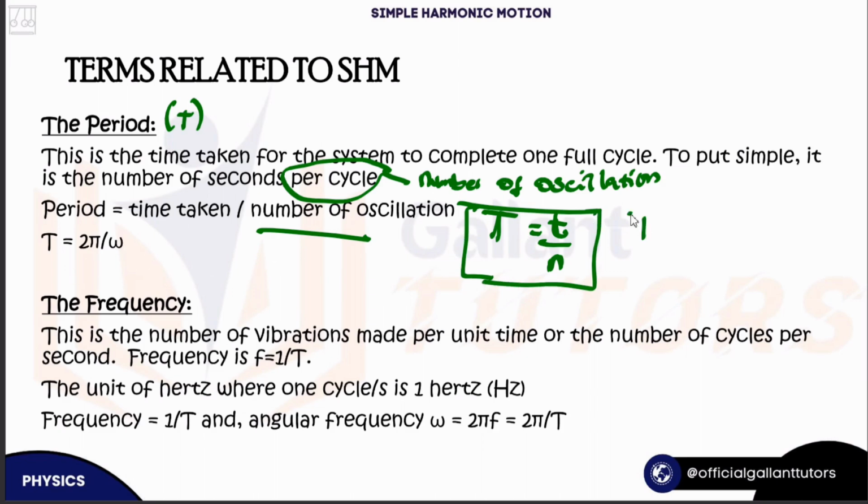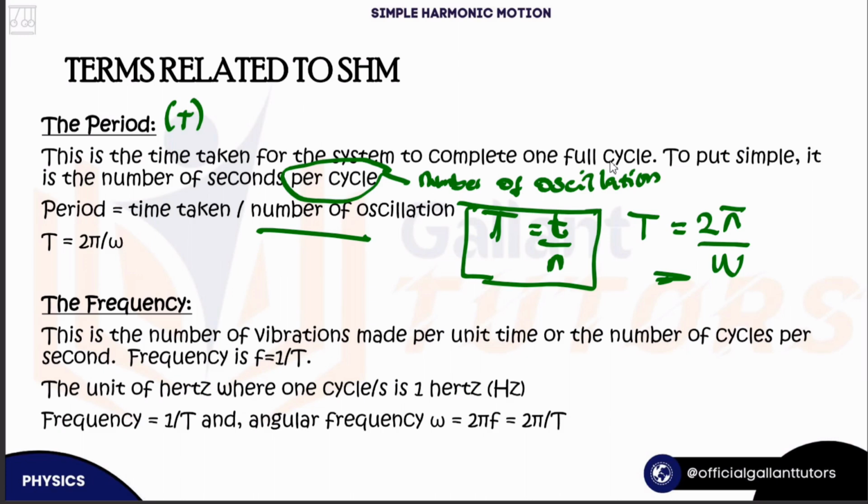Now, time period is also equal to 2 pi over angular frequency. Over what? Angular frequency. I'm going to explain very soon how we came about this formula, because I'm pretty sure you know the formulas of angular frequency. So you might be wondering, how come? Don't worry, follow me as we proceed.